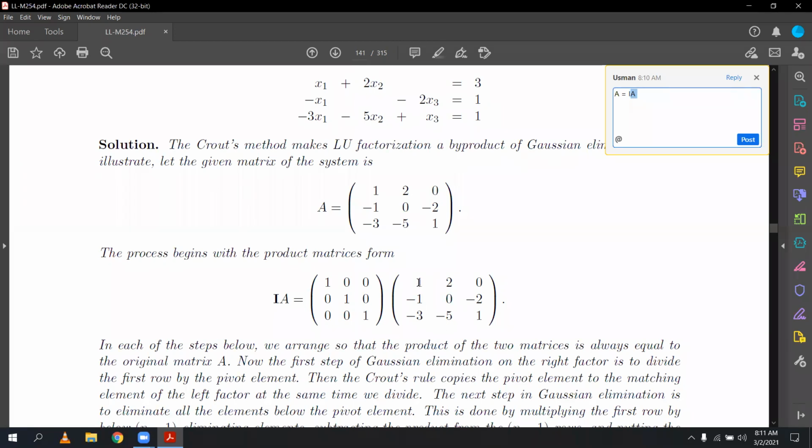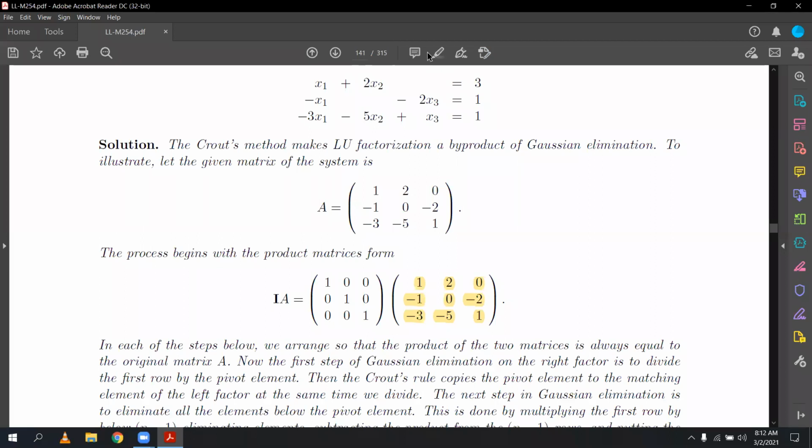Your job is to work on this matrix here, and you have to convert it into the unit upper. What is unit upper? Unit upper means the diagonal should be 1, and these elements must be equal to 0.